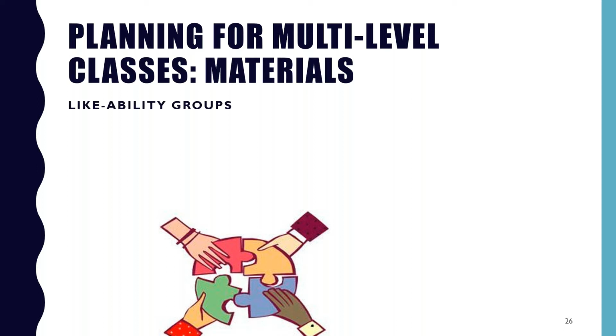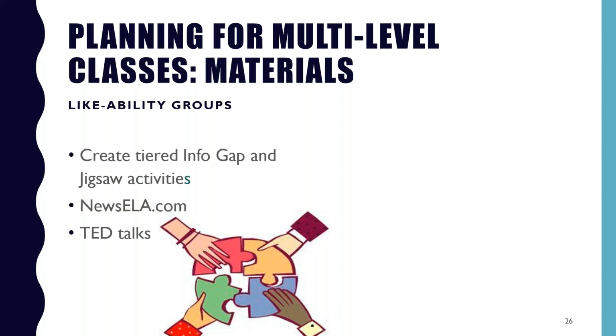So let's talk a little bit about materials, because everybody likes to find new places to source material. So if you're working with like ability groups, you can create info gaps or jigsaw activities that are tiered.